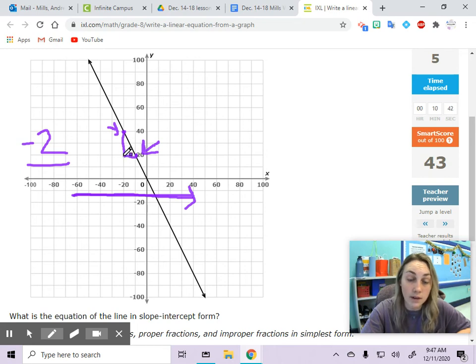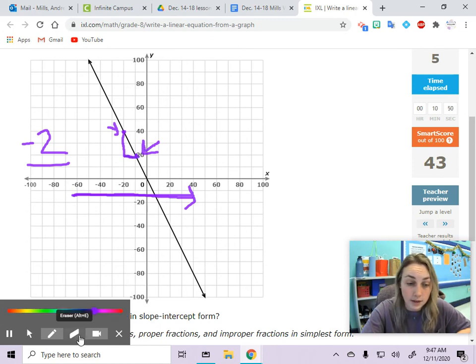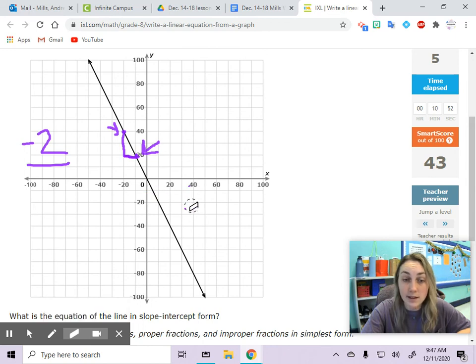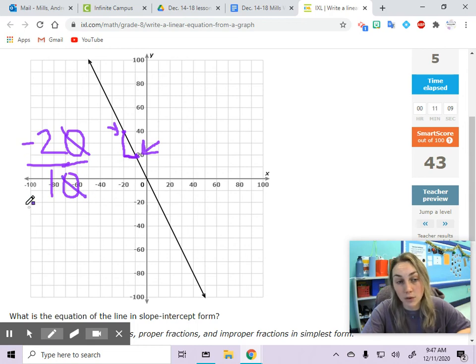Therefore, whenever you find the denominator of the slope on a line, you always read from left to right, even if the slope is positive or negative. That means that it's always going to be a positive denominator on a graph. Again, I actually moved down negative 20 times, sorry. And then I moved 10 times. Again, I can reduce that to negative 2 over 1, which will give me a slope of negative 2.